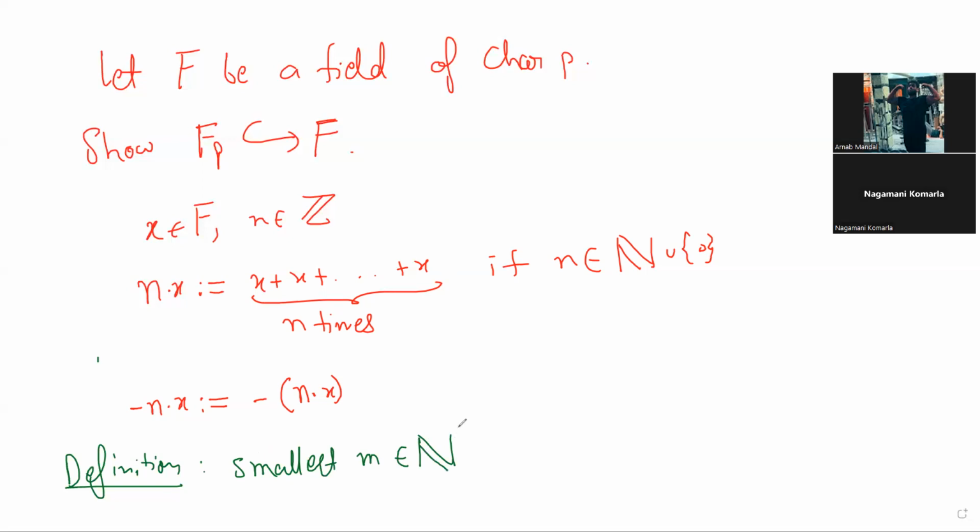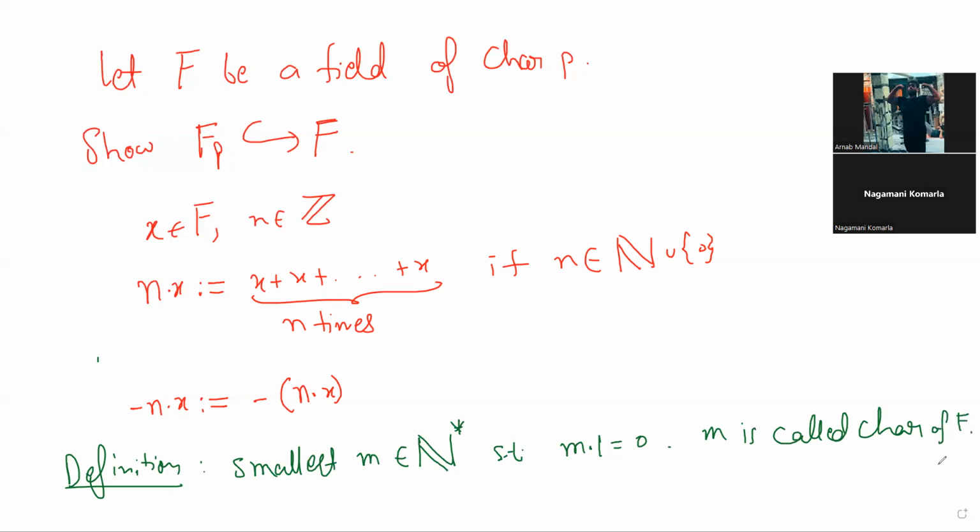Yes, we denote it by 1, right? Smallest m in N star. I'm saying N star because I want to take positives. Otherwise, 0 is always there. So smallest m in N star such that m times 1 is equal to 0. These things are fine. Right? Yes. And this m is called the characteristic.